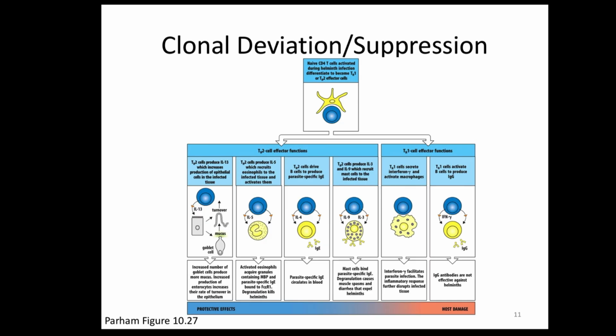Before I tell you about this example, I want us to think through a little bit of a scenario. We are going to talk about this scenario in more detail when we talk about hypersensitivity, but thinking about it now will help us a bit. So let's imagine that I take a protein.